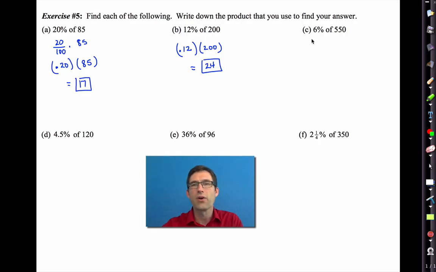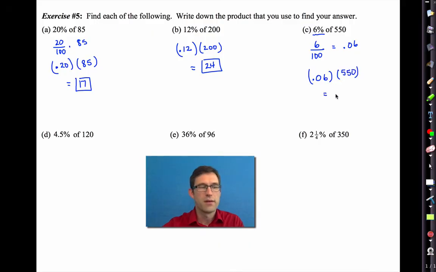This gets a little bit harder. And again, if you have any issues, take this, divide by 100 on your calculator. Your calculator will tell you 0.06. After a while, you'll develop that well enough. But we'll do 0.06 times 550, and that's going to be 33. All right? It can get very tricky when you have something like this, 4.5%. It would be so easy to think that that's 0.45, but it's not.